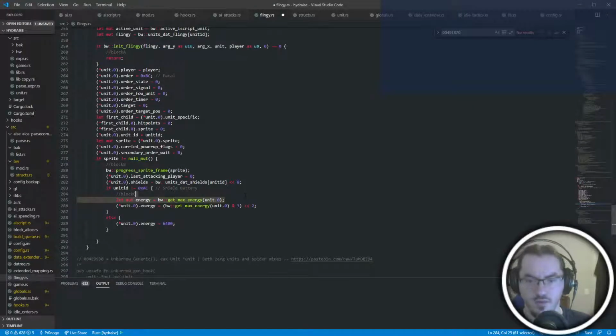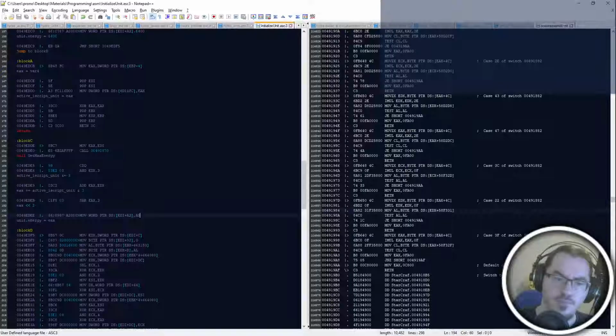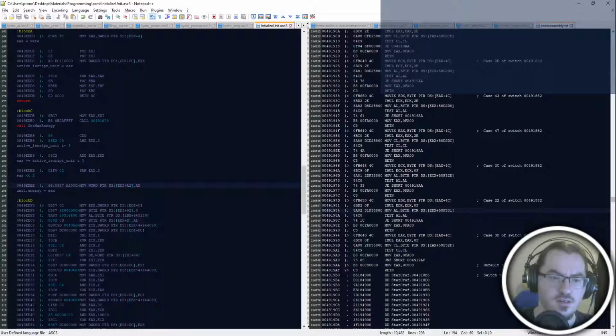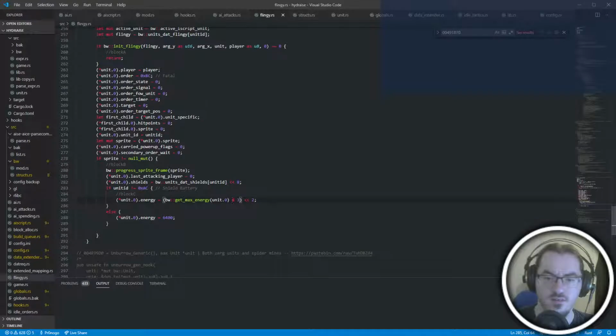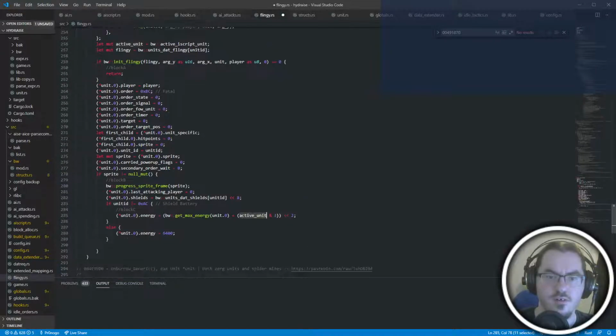That's basically how we would do it in one line. I don't think I missed anything here. Oh, I did, yeah. So this active unit, I think that's my variable for, yeah.